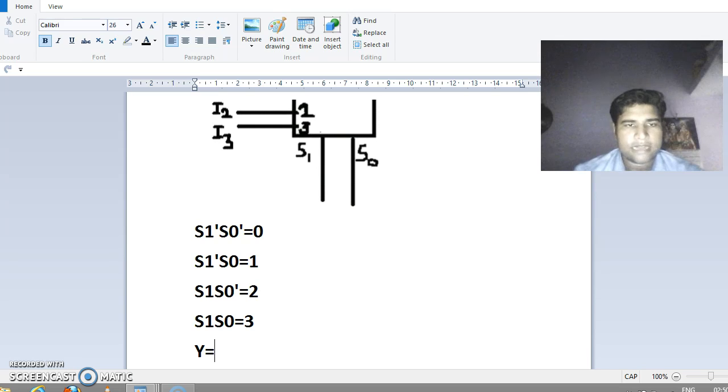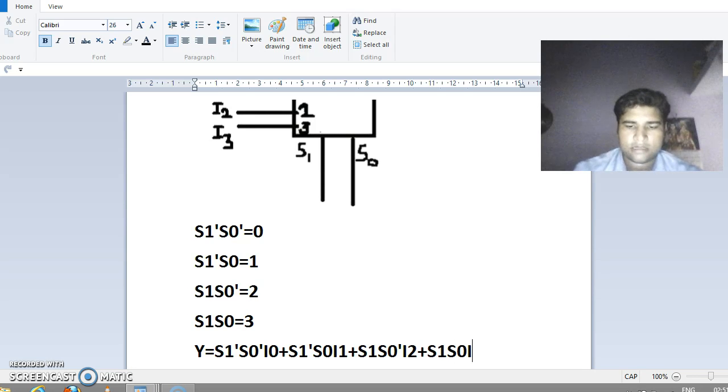So simply write S1 dash S0 dash I0 plus S1 dash S0 I1, plus S1 S0 dash I2, plus S1 S0 I3.